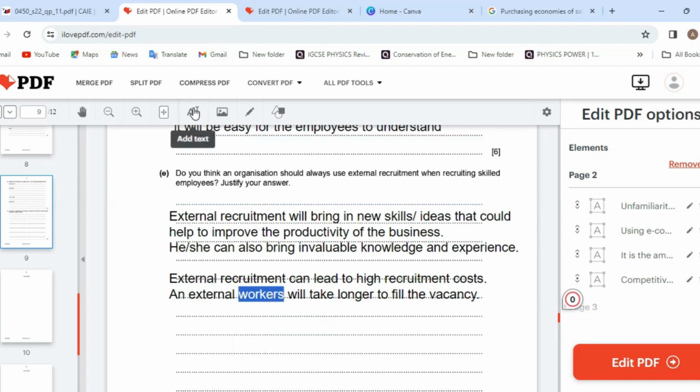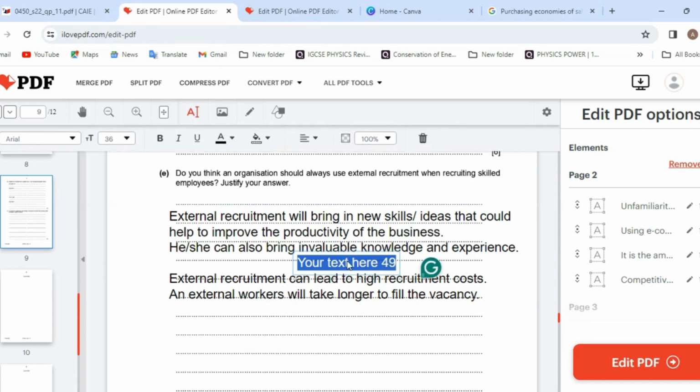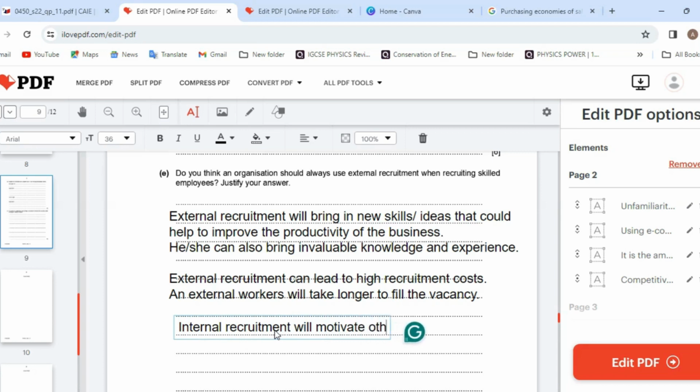Now let's try and add our text also and put little points on internal recruitment. Of course, it can help to motivate other employees. Internal recruitment will motivate other employees and it can lead to fewer people leaving the job.